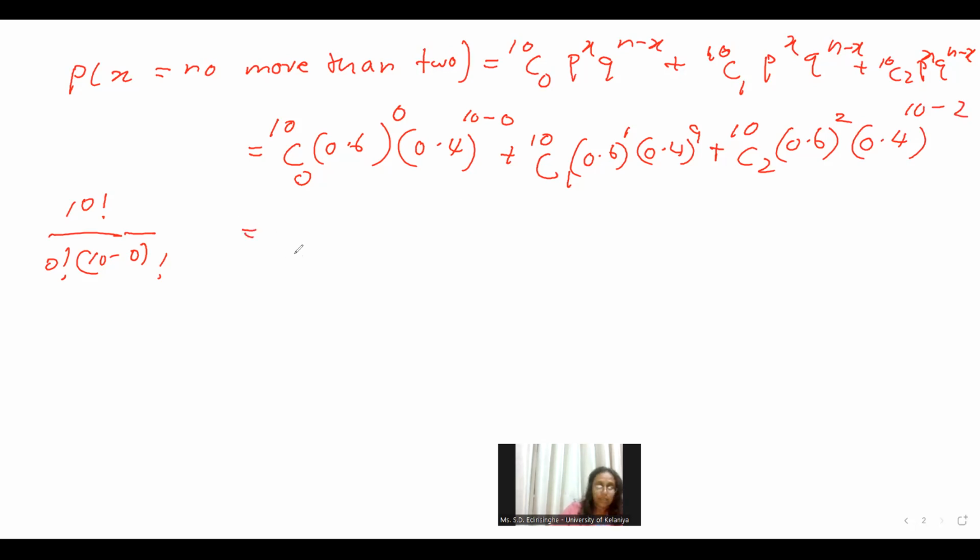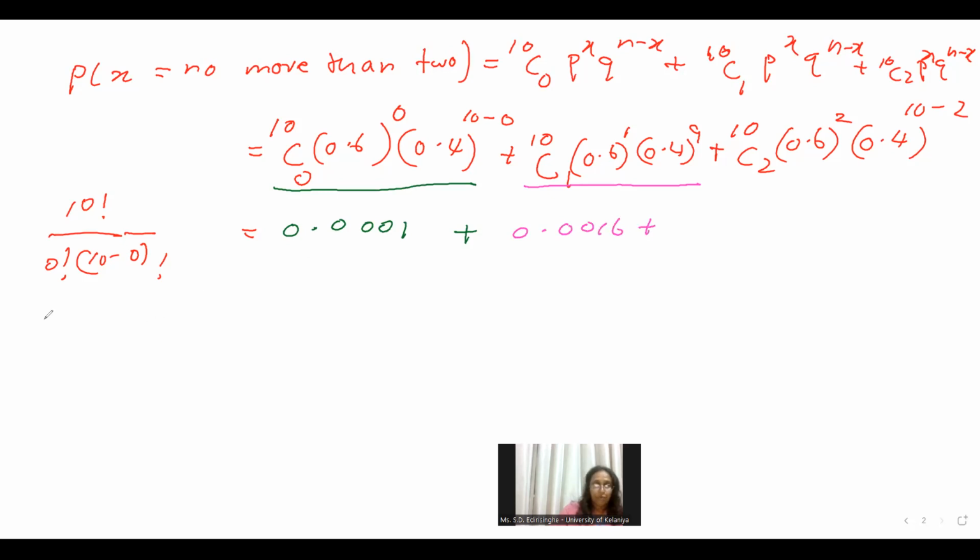Okay. If you simplify this part, you will get the answer as 0.0001. Okay, plus if you simplify this part, you will get the answer as 0.0016.